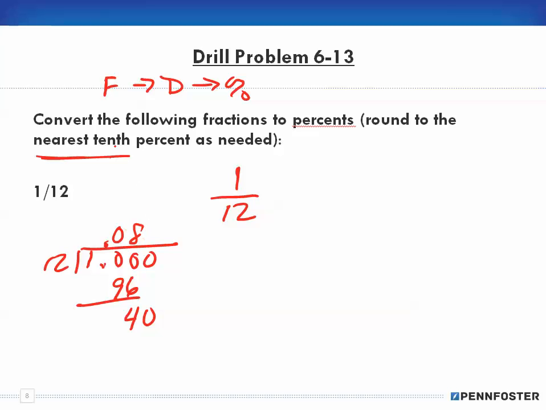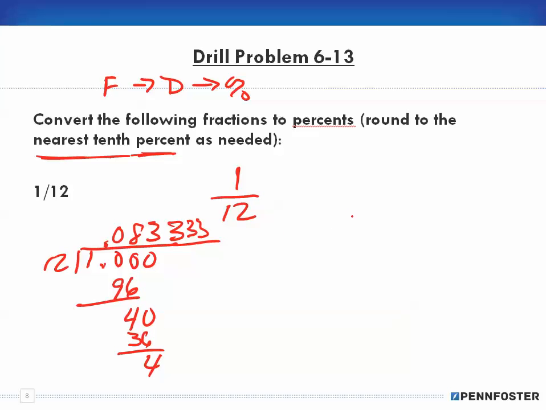You'll see what I mean: we're not rounding to the nearest tenth decimal, we're rounding to the nearest tenth percent. Which means that since I'm going to have to move my decimal place over a couple of places, I'm going to have to take it out even further when I'm doing this division. So 12 into 40 goes 3 times, it's 36. And of course, now this is just going to be 3, 3, 3, 3, 3 forever and ever.